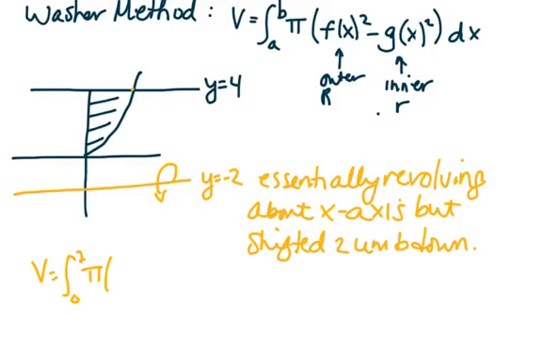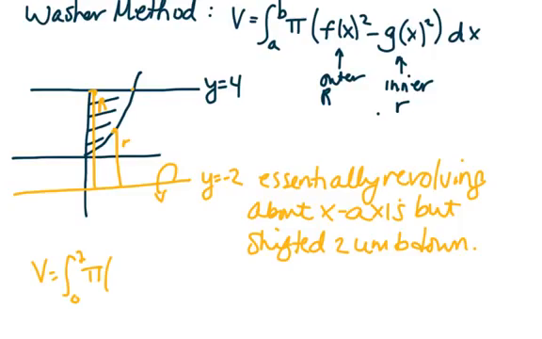If we're revolving about y equals -2, the outer R is going to be the radius of this length, and the inner r is going to be the radius of that length. So that's little r and big R.